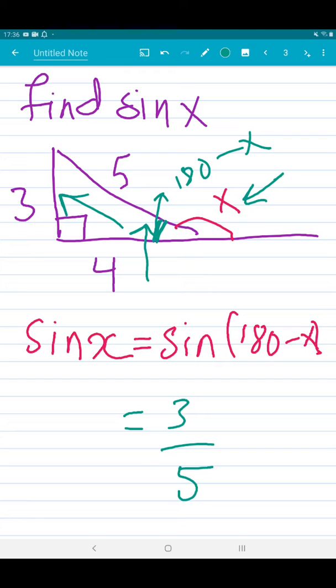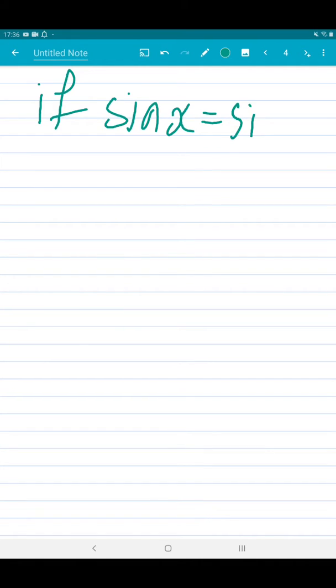Okay, another type of example, or the third type of example. If sin x equals sin 45, find the value of x.